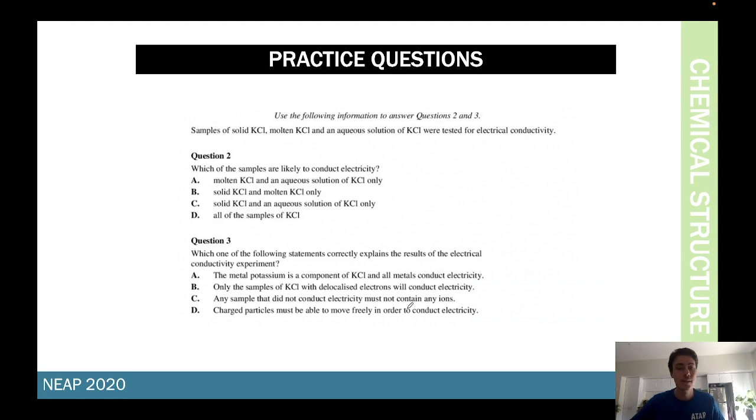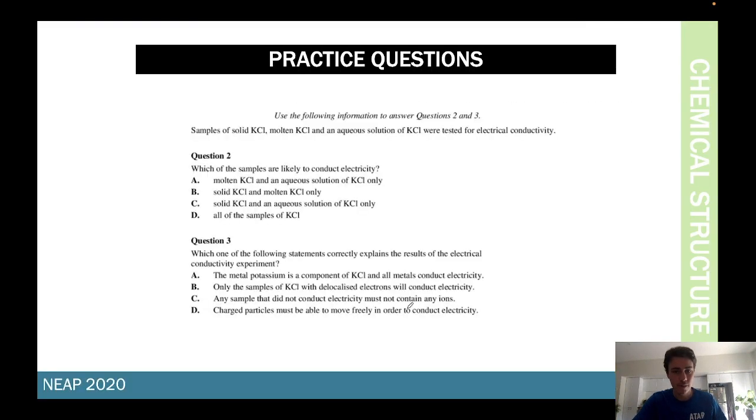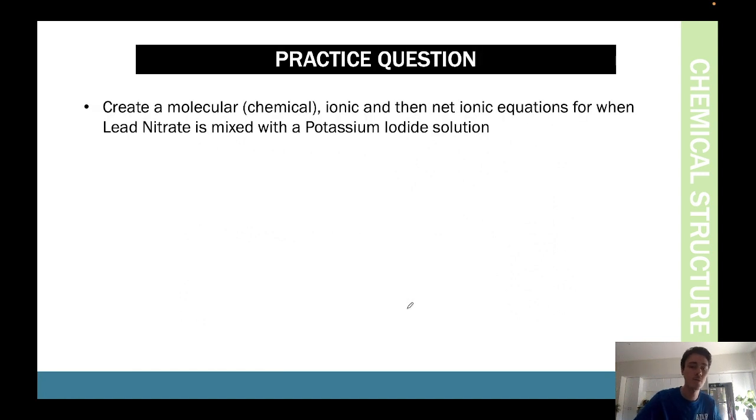So there's a couple of practice questions here, but I reckon we'll go through this one here. I'm going to give you all a minute or two to have a go at this. What's really important here is that there is a precipitate that is formed. So we have lead nitrate, which I will give to you.